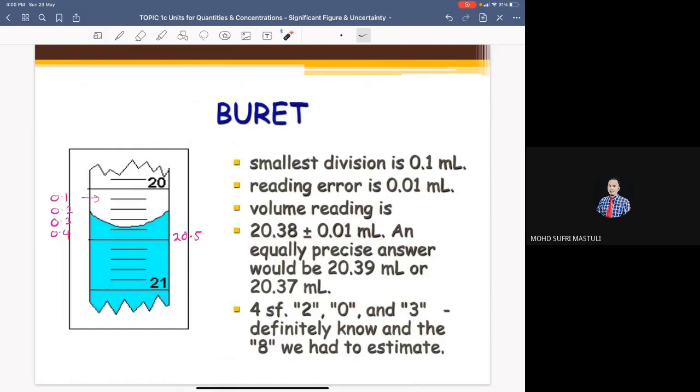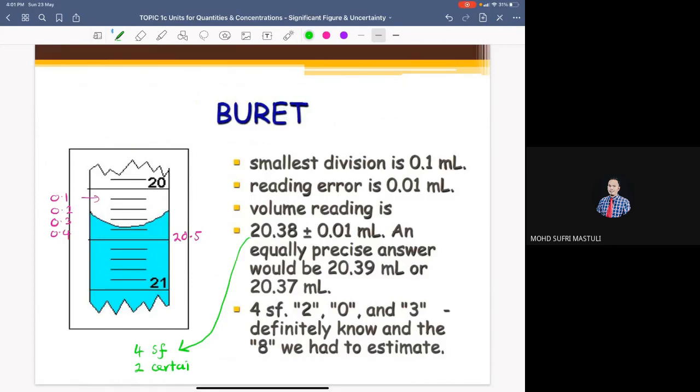So it can be 20.39 or 20.37. So from here, you have four significant figures.